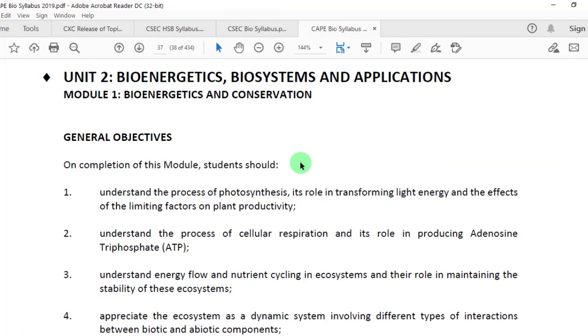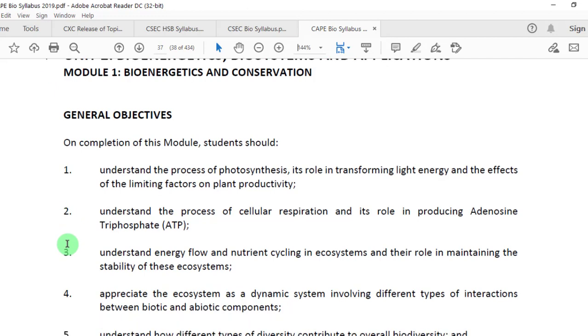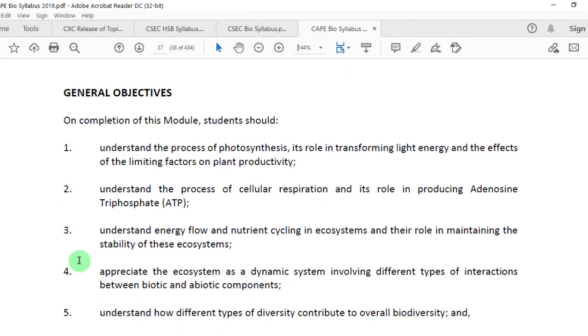Alright, so we have Unit 2 and the first module, Module 1, Bioenergetics and Conservation. And based on the topics provided by CXC, we are focusing on General Objective 2 and General Objective 3. Yeah? So let's jump to those topics and get an idea of what that looks like.